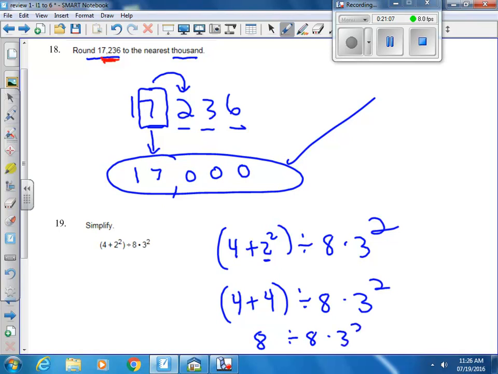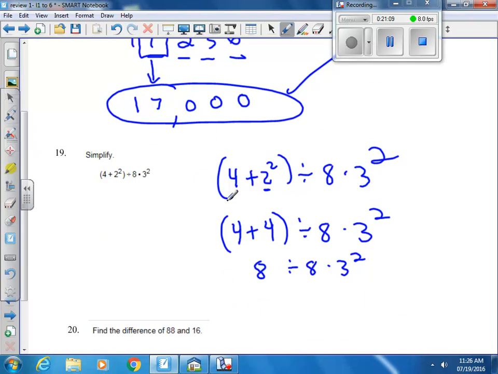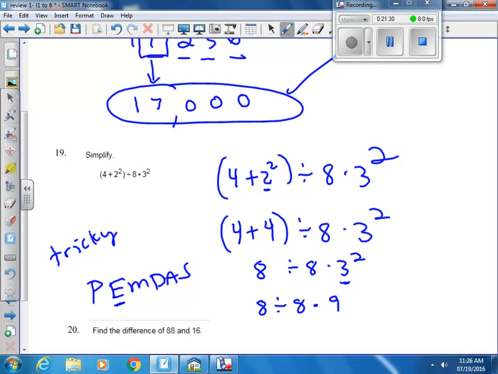Notice how I'm forcing myself to record step by step. PEMDAS says, and here's where it becomes a little tricky, let's take care of our exponents first. So 8 divided by 8 times, and then 3 squared is 9. Now here's where it becomes, big note to self, tricky.